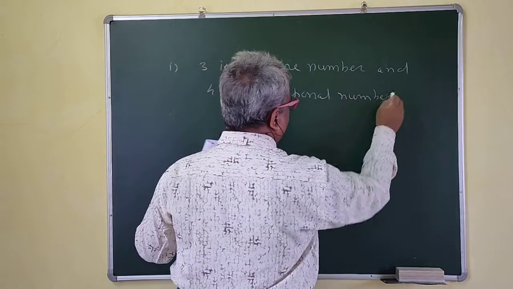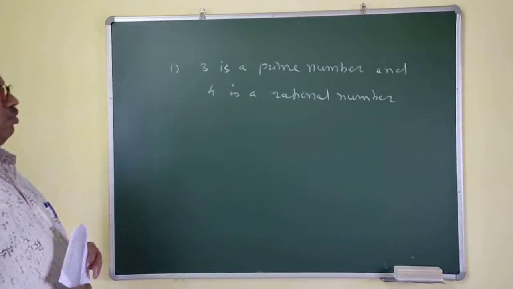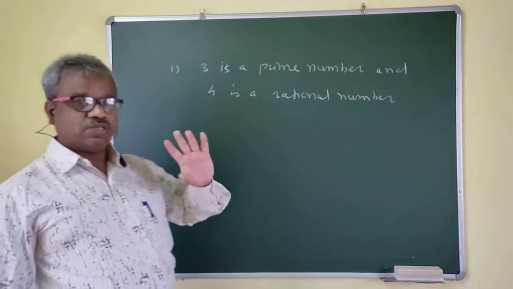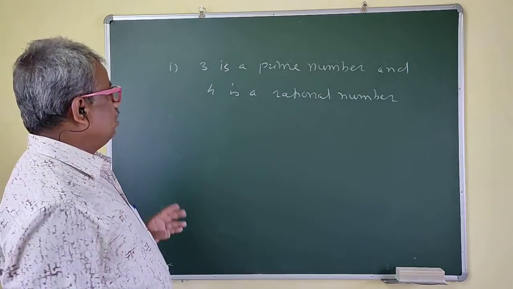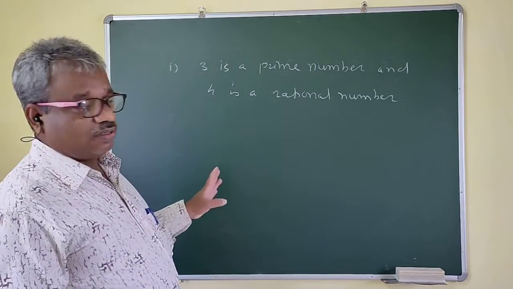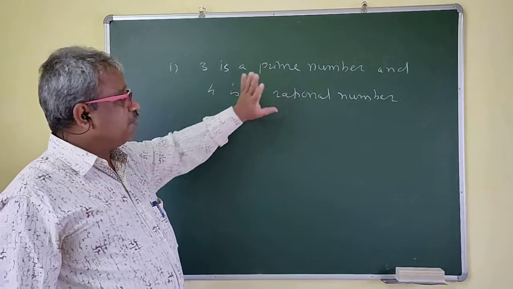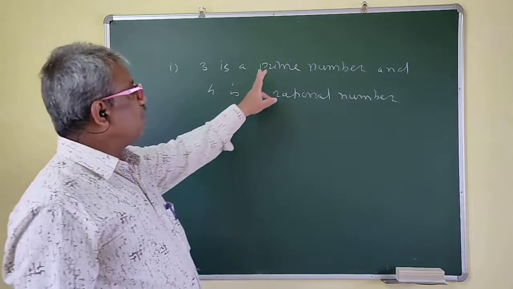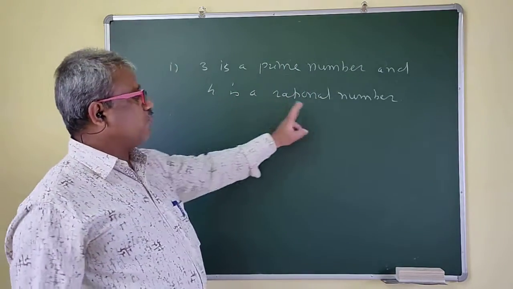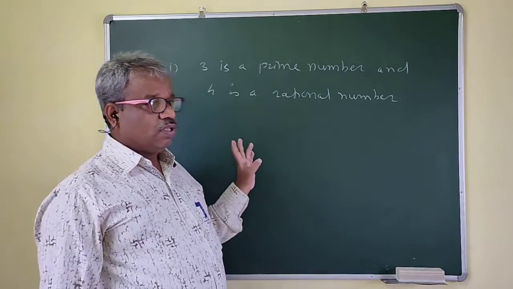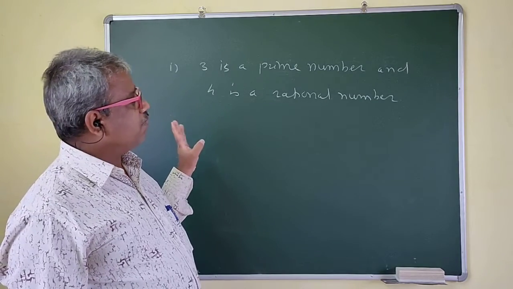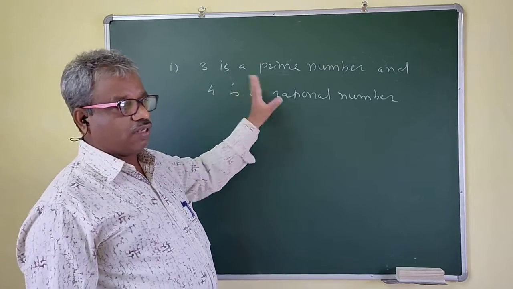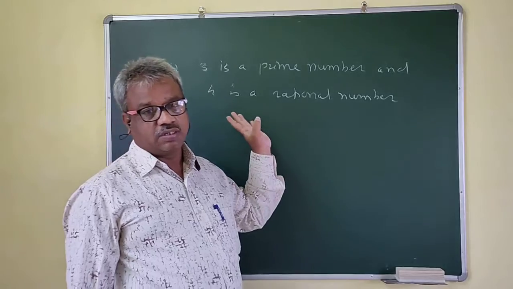Now to write the truth value, you should have some general knowledge, right? You should know the truth value of "3 is a prime number", so you should have the idea of prime number and rational number. If you don't, you cannot write the truth value of any statement. Note that.